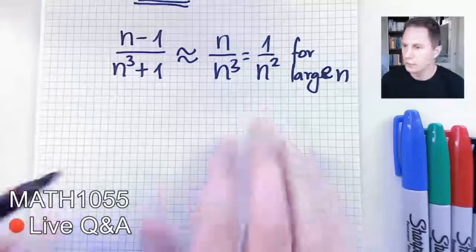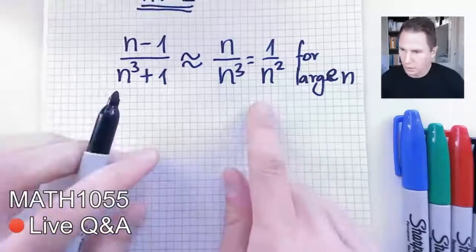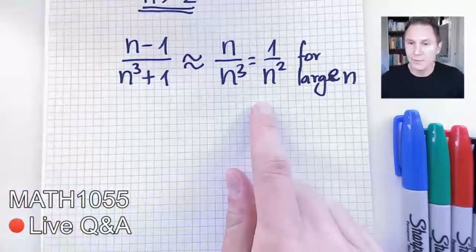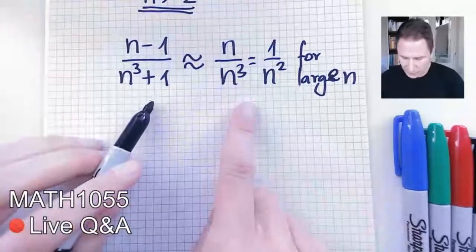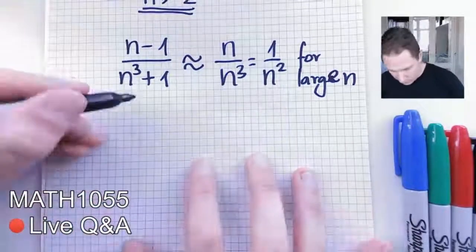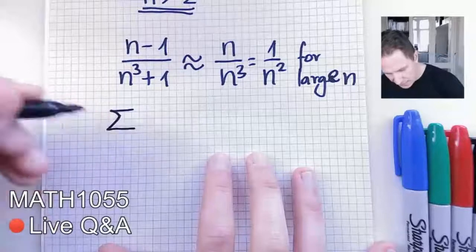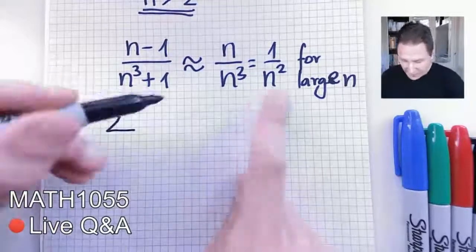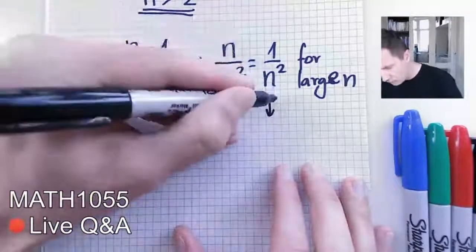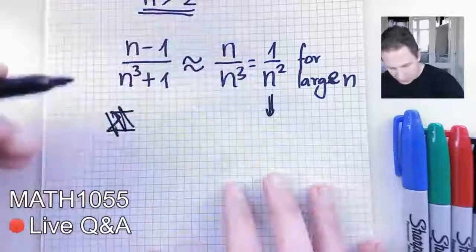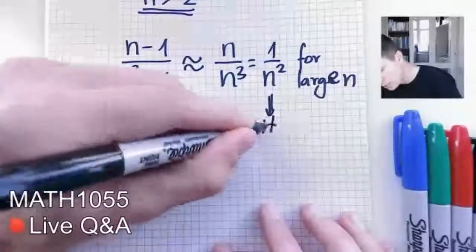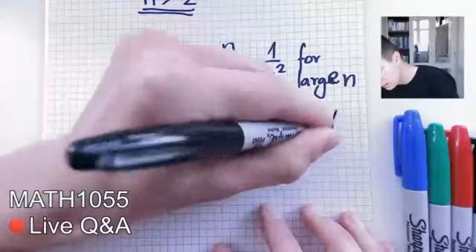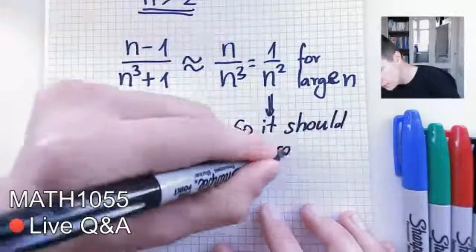This is just you trying to get an idea for the behavior of the sequence or the series that you are looking at. So from this fact, we should guess that it should be convergent.